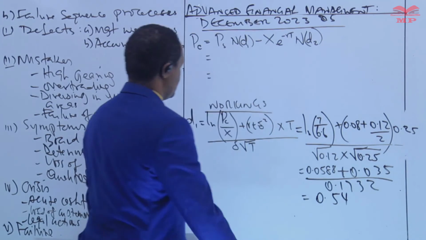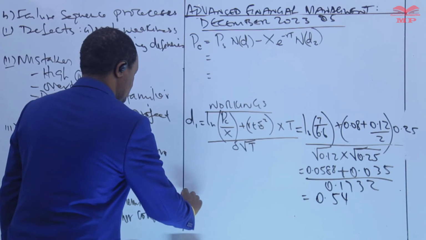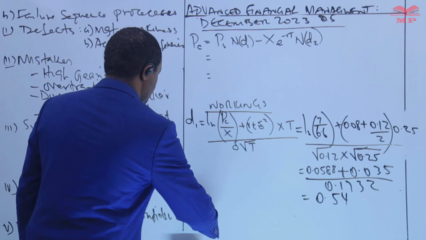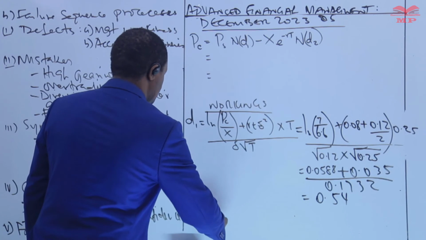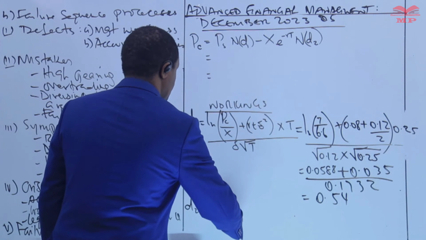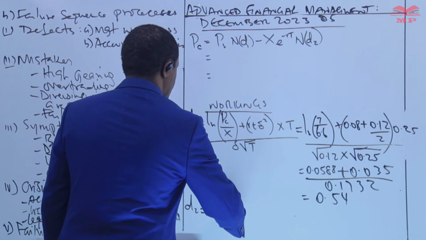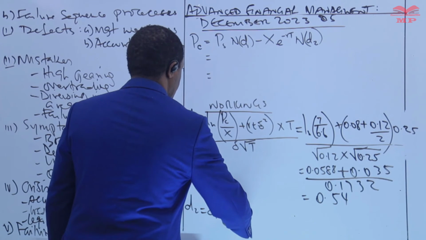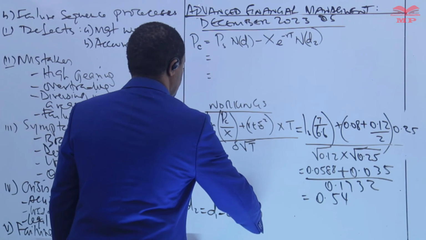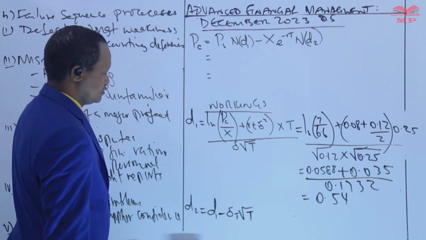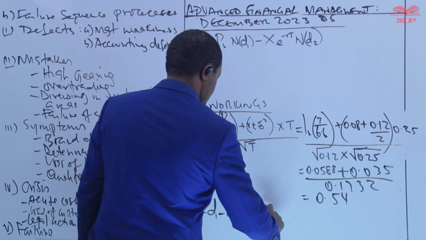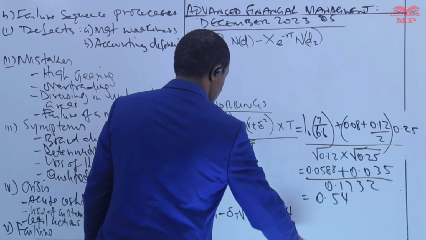0.54. That is D1. Then D2, what is the formula for D2? Formula for D2 is D1 minus the standard deviation times the square root of T. Is that what you did?